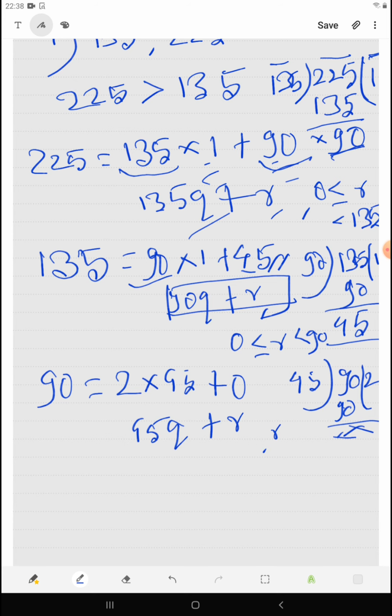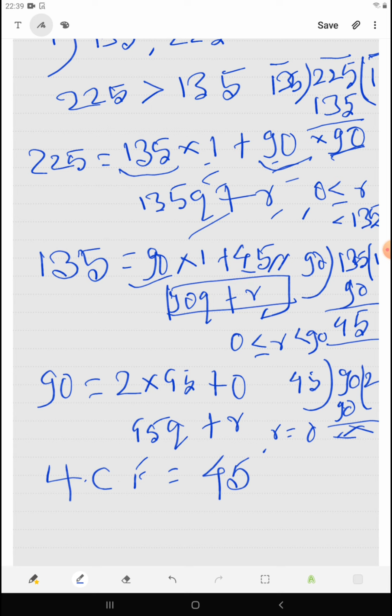So we have got r equals 0 over here. Hence our HCF will be 45. So our HCF is 45 for 225 and 135, which we got as per the division lemma algorithm. Okay, next.